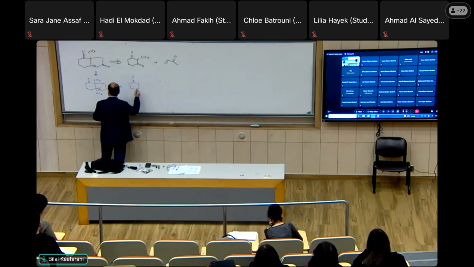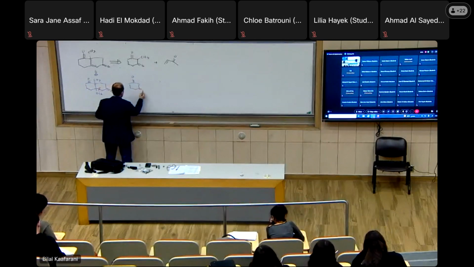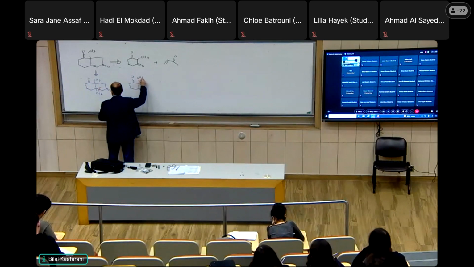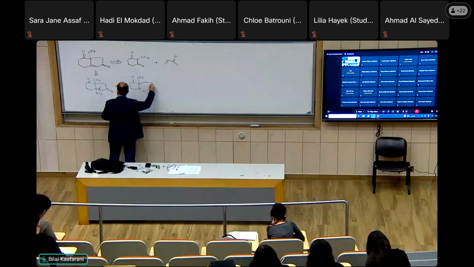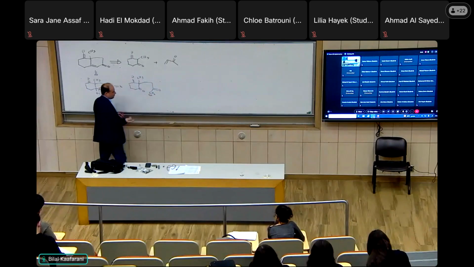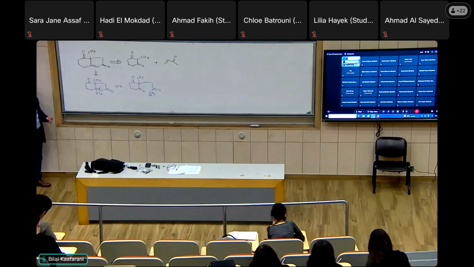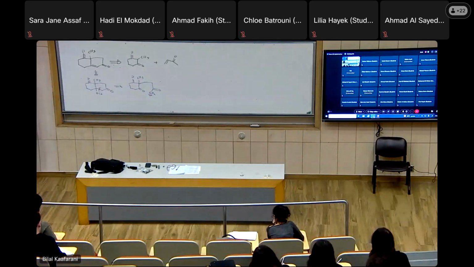Double bond O, double bond O. I have the CH3. This is the CH2 minus right here. Isn't this enolate effectively, that minus is attacking the carbon of the carbonyl so that I get the OH.